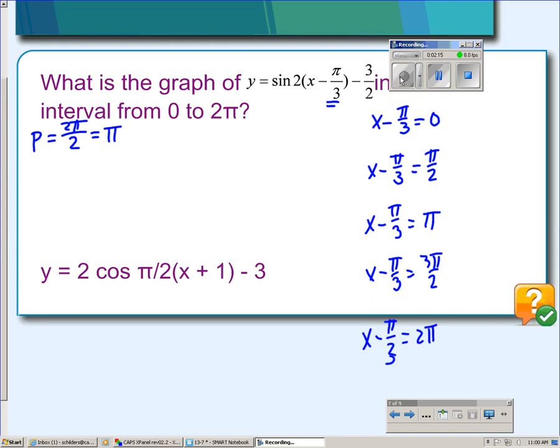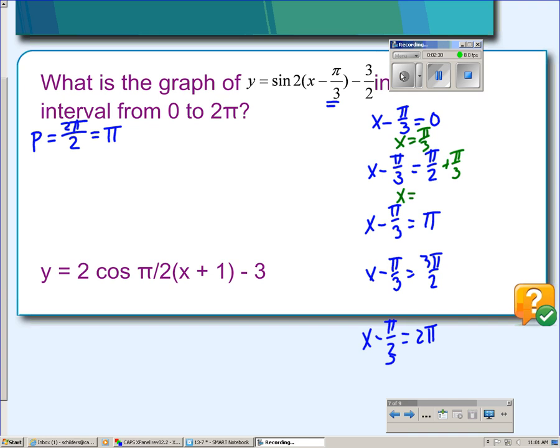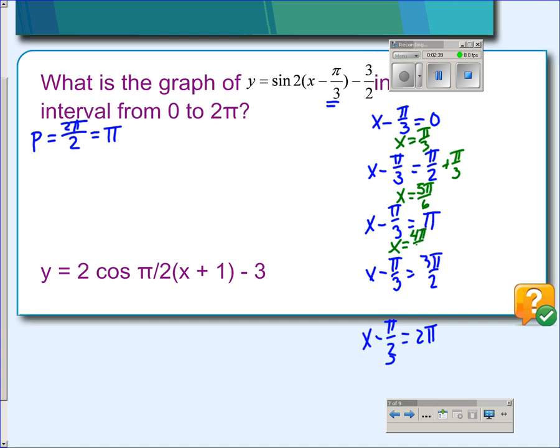Okay, so our first x value is going to go at x equals pi thirds. Next we have to add pi thirds to pi halves. So pi halves plus pi thirds would give us 5 pi sixths, and pi plus a third is pi and a third, or 4 pi thirds. 3 pi halves plus pi thirds, using a common denominator, is 9 sixths plus 2 sixths.